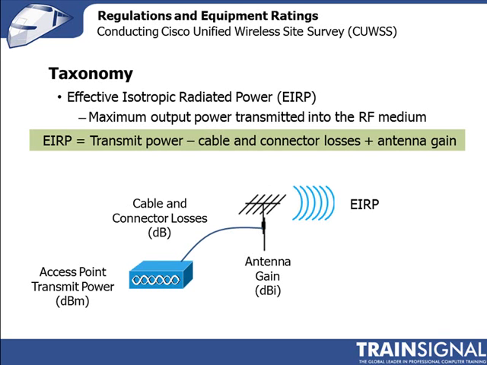So the EIRP is the maximum power that's transmitted from your antennas, so that radiated power, into the physical RF medium, so out into the air. And that's what's regulated. And you calculate your EIRP quite simply by taking the power that you're transmitting from the access point, taking away any losses that you might have incurred in the cable and the connectors, and then adding in any gain from the antennas.